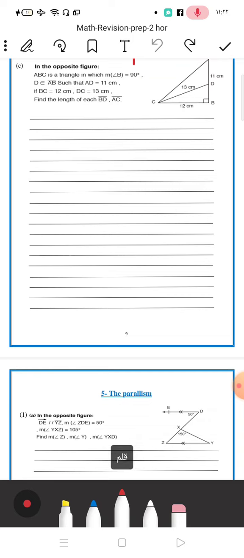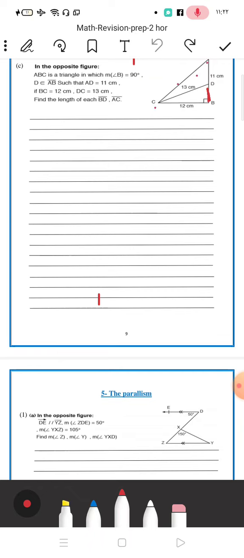In the opposite figure, ABC is a triangle in which the measure of angle B equals 90, D belongs to AB, and AD equals 11 centimeters, BC equals 12 centimeters, AC equals 13 centimeters. Here we need to find what? Find the length of each of BD and AC.